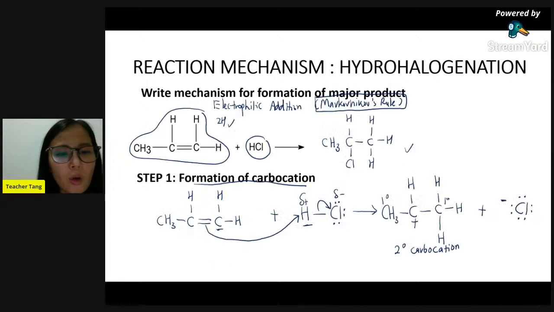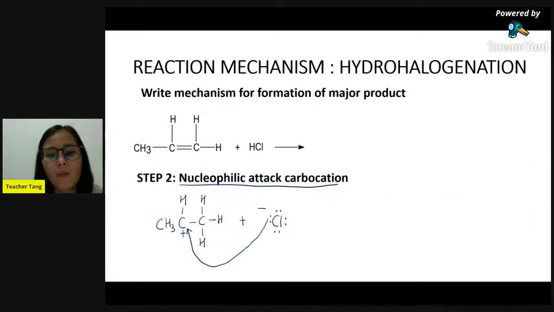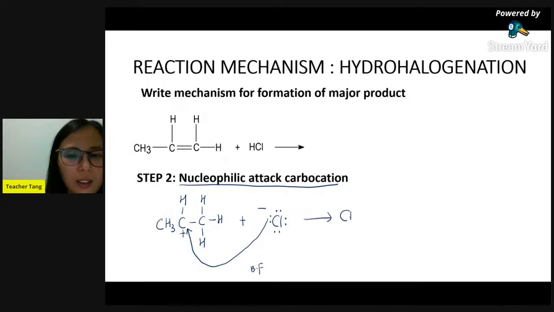Okay, so step number 1 tadi melibatkan bond breaking, and then here bond forming. Bond breaking and bond forming. In step number 2 is just the bond forming. So you get CH3, CH, CH3, and then dua elektron ini sudah membentuk ikatan.